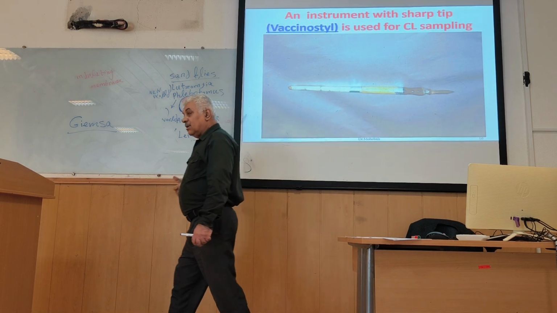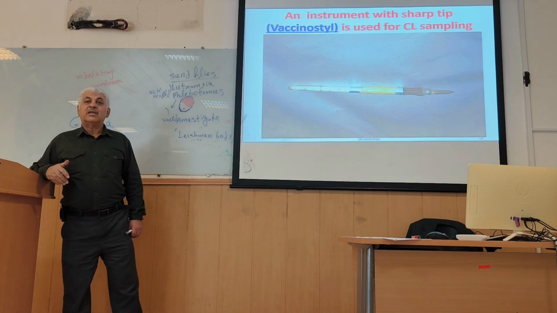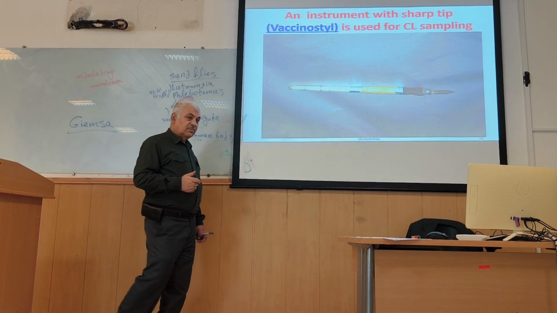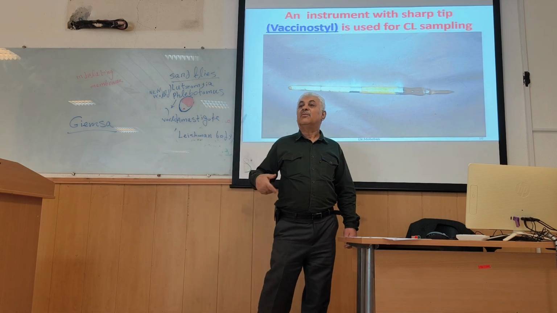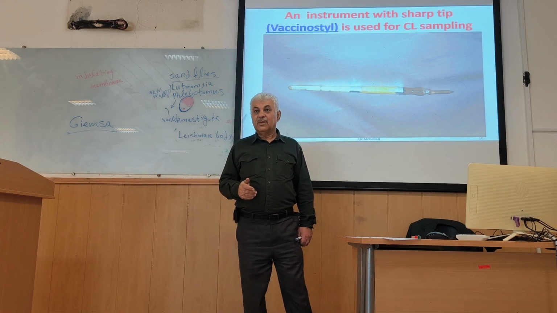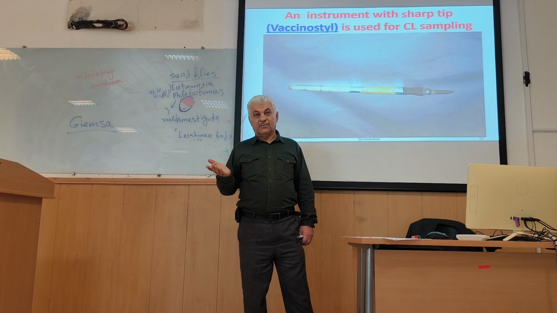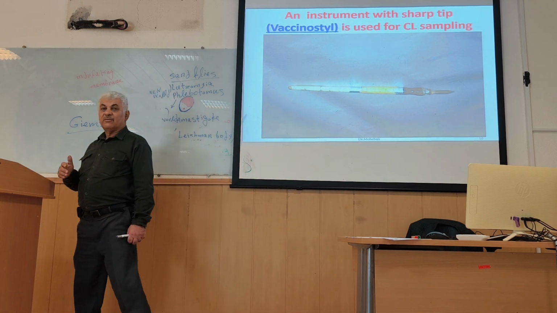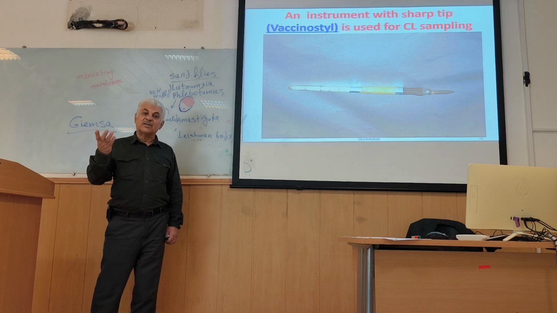But spleen aspiration is very dangerous because of hemorrhage. And the alternative procedure for the diagnosis of visceral leishmaniasis is bone marrow aspiration.